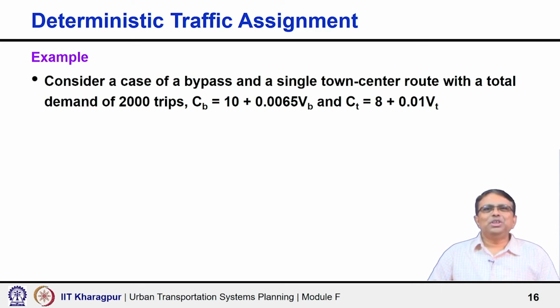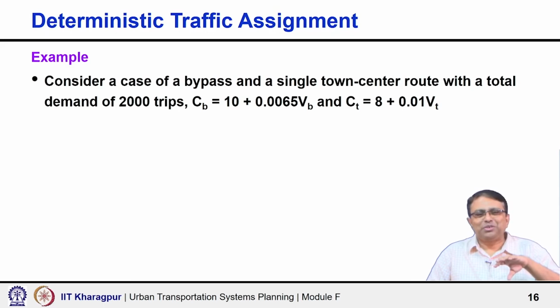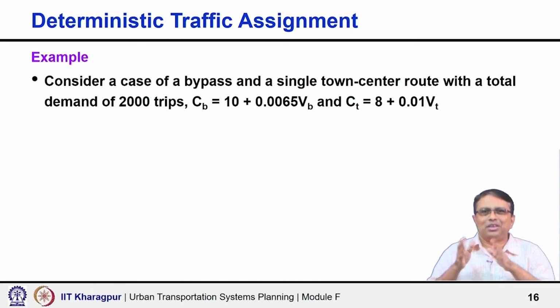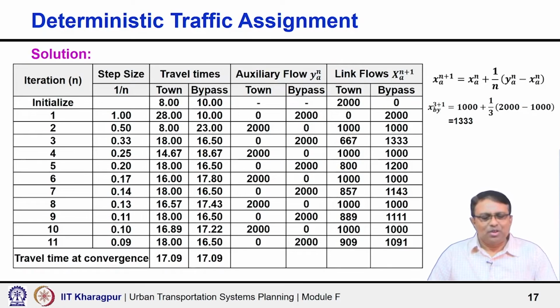So every unit increase in the flow V changes the cost by only 0.0065. That is a typical thing. The bypass route is longer but high capacity, and does not get congested so fast, but the town route is the shorter one that often gets congested faster. So, that is the distribution.